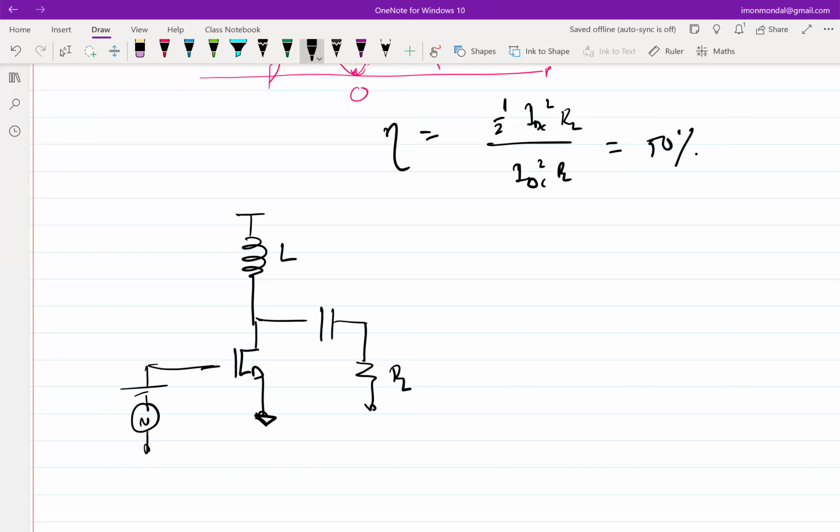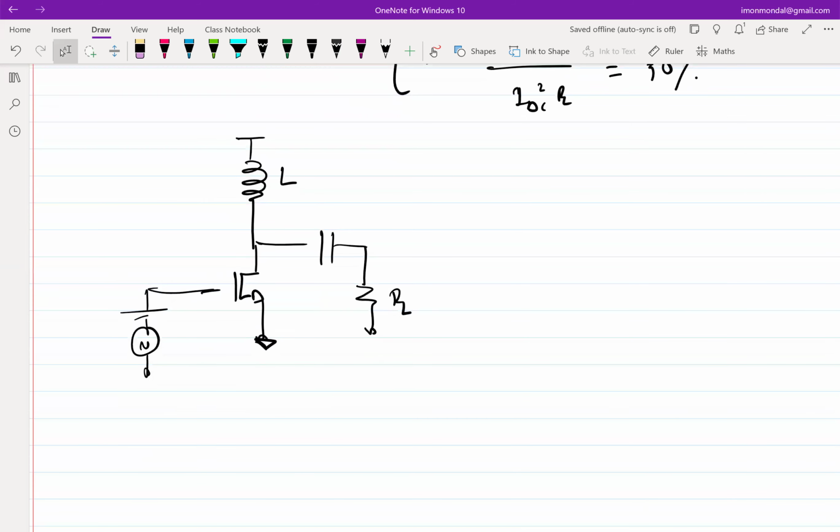Okay, so this can in principle give you 50% efficiency, but there is an issue. Not with respect to efficiency, but with respect to the maximum power you can deliver. Why? Because let's say I target a power delivery of 20 dBm, right?